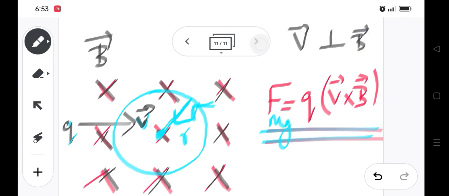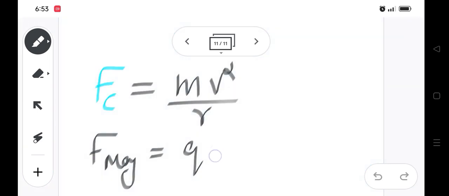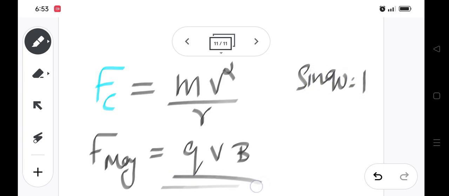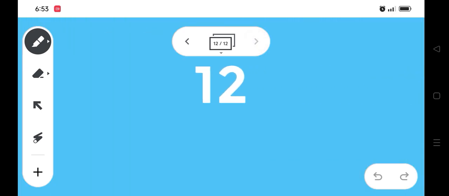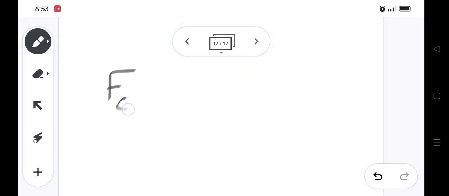Okay, so it is Q into magnitude of V, magnitude of B, then sine 90. We know sine 90 is 1, so it equals QVB. The centripetal force is provided by the magnetic force, so they are equal.